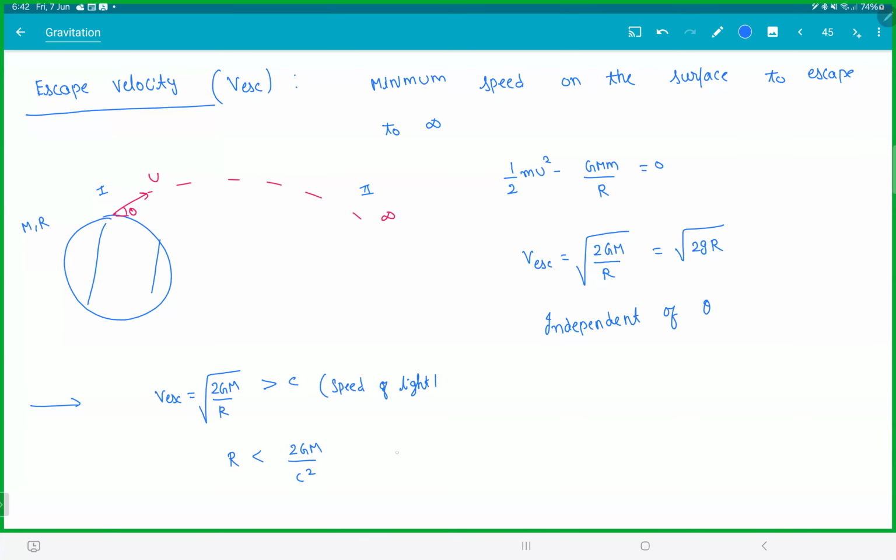This is the condition for a black hole. If your escape velocity exceeds the speed of light, even light cannot escape. I know technically we can't use it for light, but it gives you a rough idea of how small the black hole would be. There's a name for this. It's called the Schwarzschild radius. I think it's a German name.